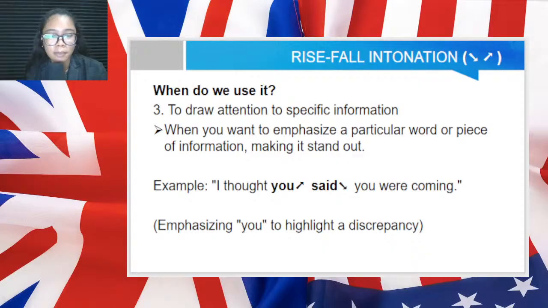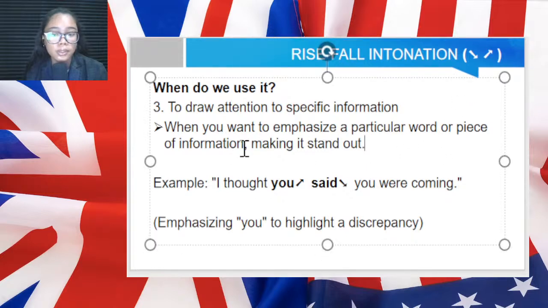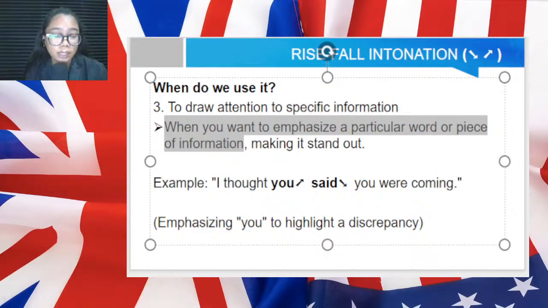Let's unpack this in more detail. When you want to emphasize a particular word or piece of information. Now in spoken English, not all words are equally important, no? Often there's one word or a short phrase that carries the new, crucial or contrasting piece of information in your sentence.